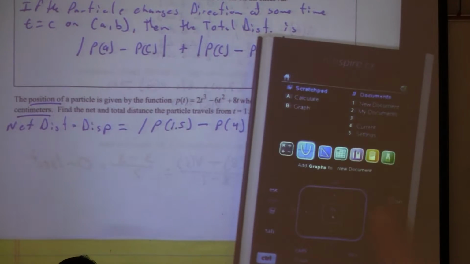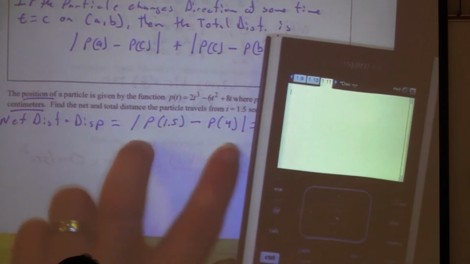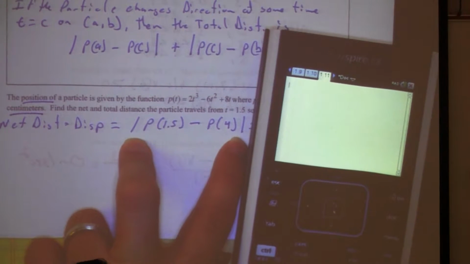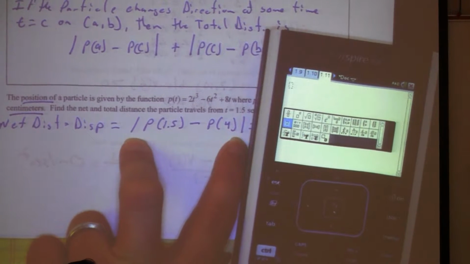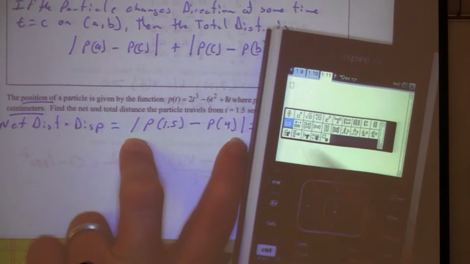Now I'm going to open up a calculator page and use that function that I already put in there to evaluate it at different places. Anybody remember how to put the absolute value? The button next to 9, right? It should be those two vertical bars there.